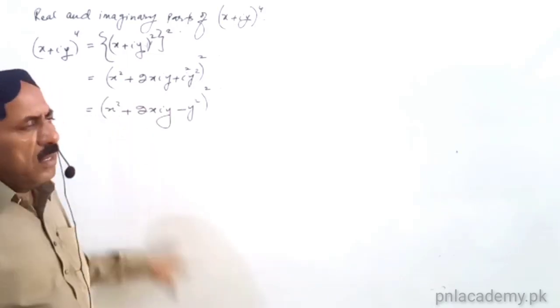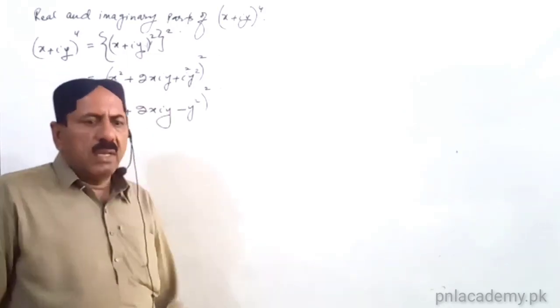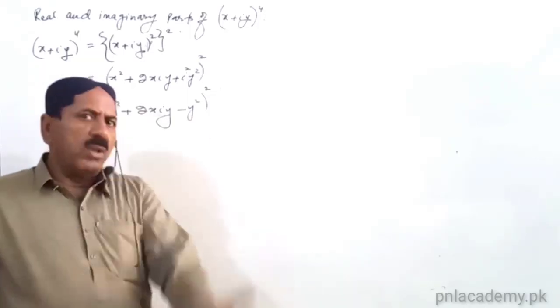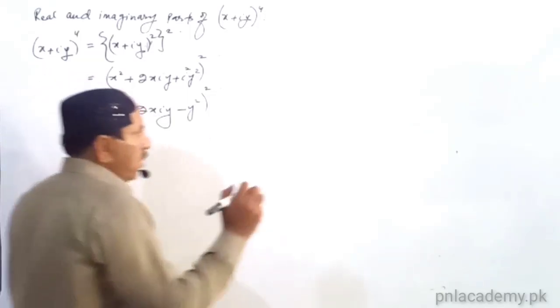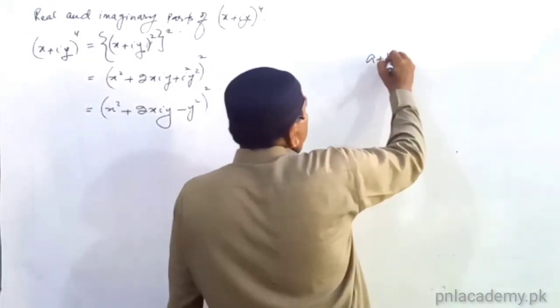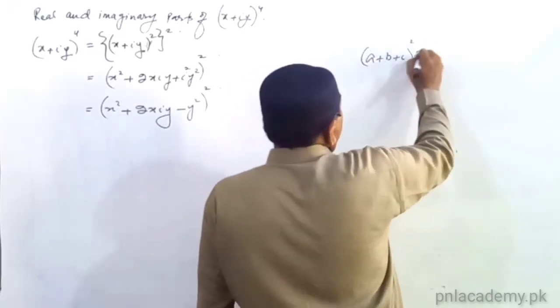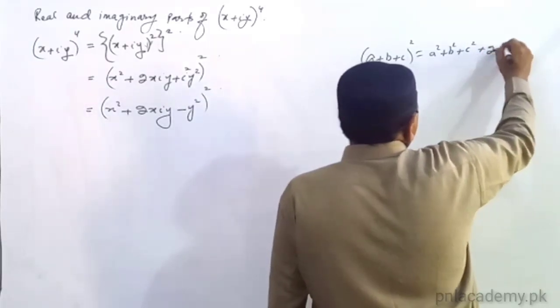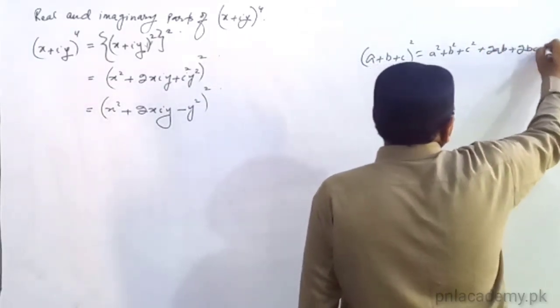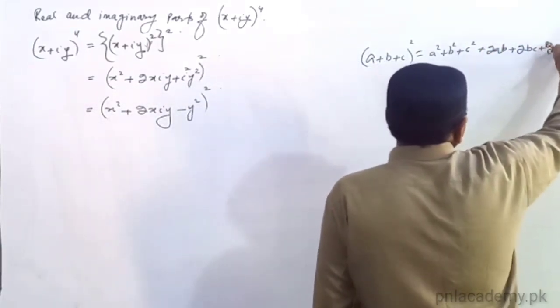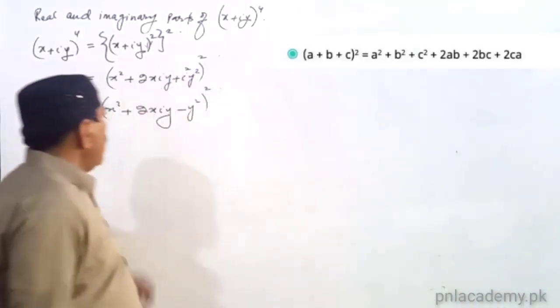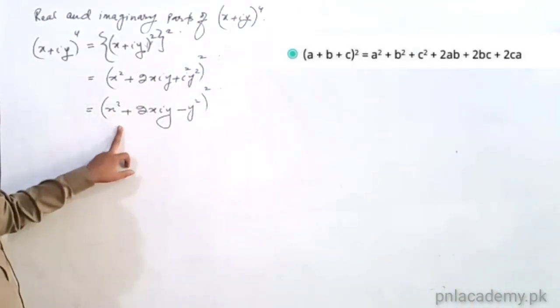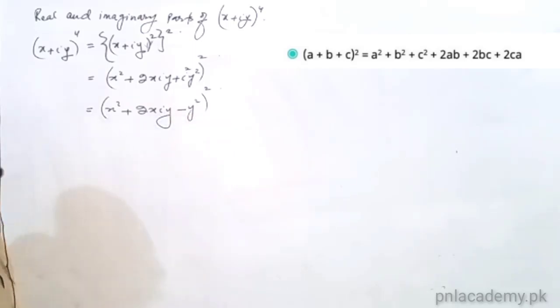This is a trinomial square, meaning the square of three terms. You already know (a + b + c)^2 is a^2 + b^2 + c^2 + 2ab + 2bc + 2ca. So here a, b, c are x^2, 2xyι, and −y^2.